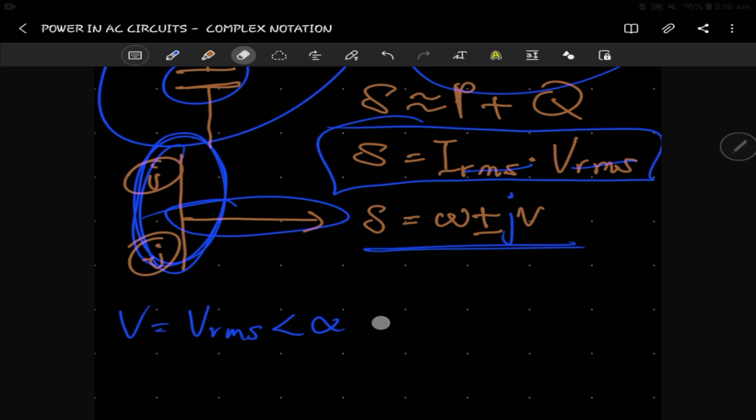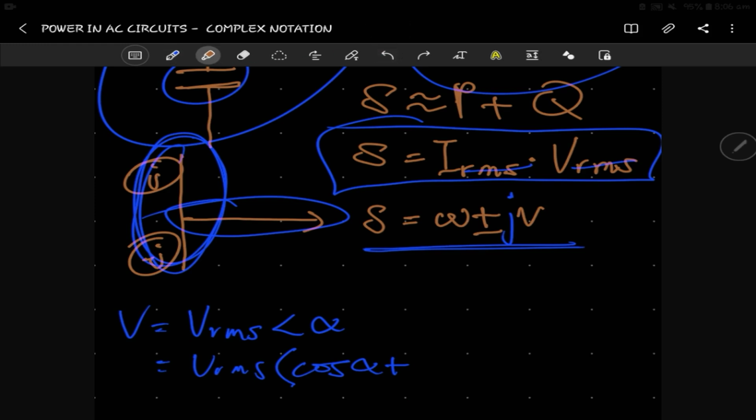Let's bring it down. So this same voltage can be written this way. We have V RMS inside, and because of this phase shift, we have cos of the phase angle plus J, which is another way of writing the rectangular form.